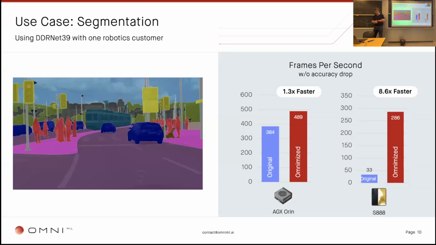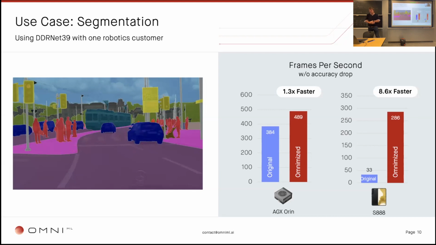Cool, yeah. And so before diving into more detail about our product and how we are realizing that vision, I want to give you a quick teaser about one customer that we've been working with. They're using a DDRnet 39. It's basically an image segmentation model.